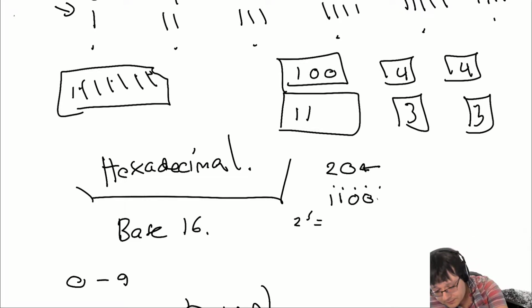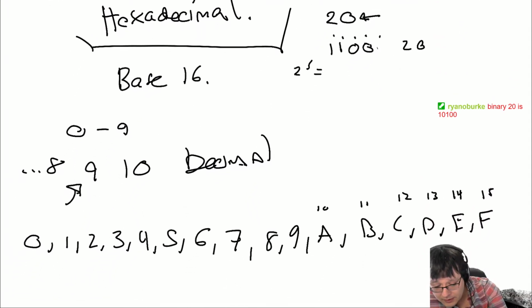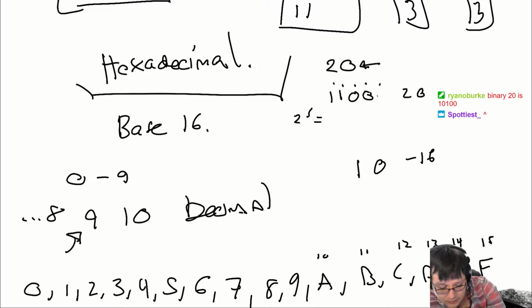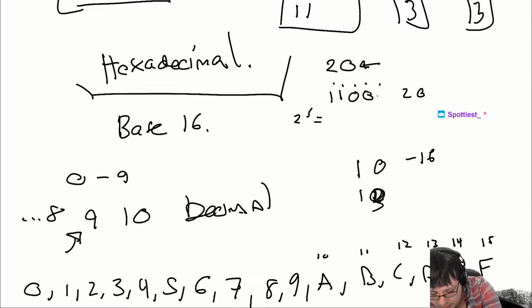But anyways, what I can try and do the math for is hexadecimal. 20 in hexadecimal would be a 1, and then, well, 10 in hexadecimal is 16. So then 1 would be 17, 18, 19, and 20.